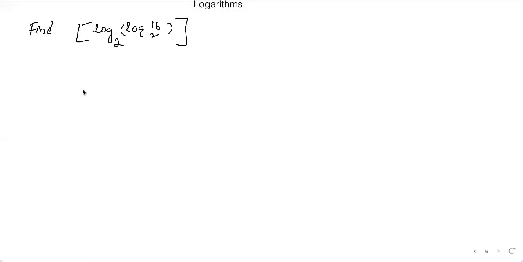So let us find it. First, let us find what is log 16 to the base 2. Now this will be equal to 4, right? Yes, sir. Also we can write this as 2 power 4, which is 16, which is in the index form, right? Yes, sir. Okay.